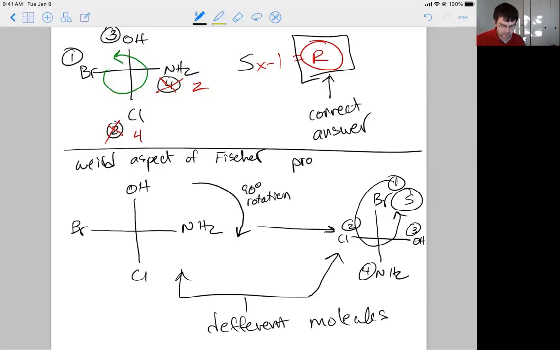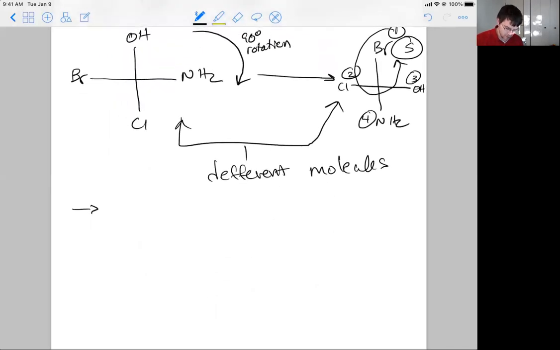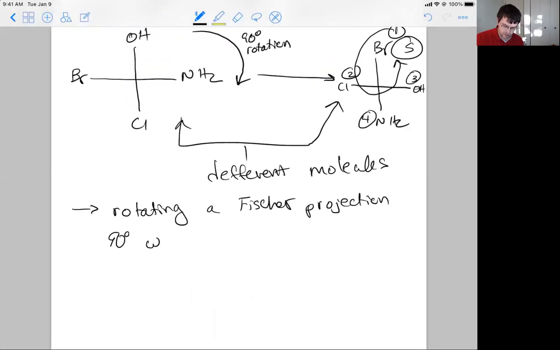So a weird aspect of Fischer projections is that if you rotate them 90 degrees, you get a different molecule. You've flipped the stereocenter, it turns out. So rotating a Fischer projection 90 degrees will flip stereocenters.